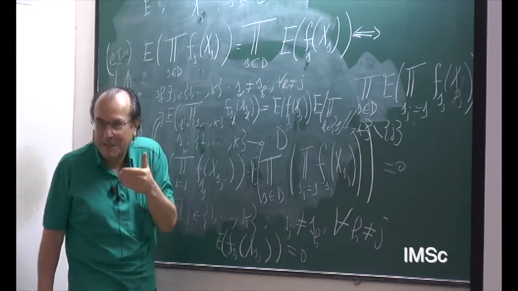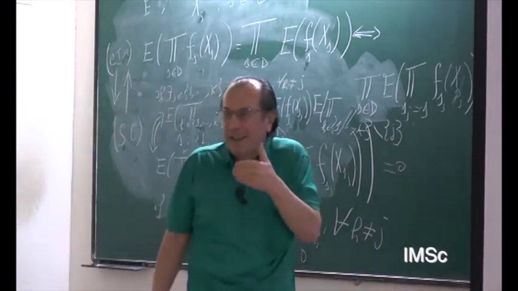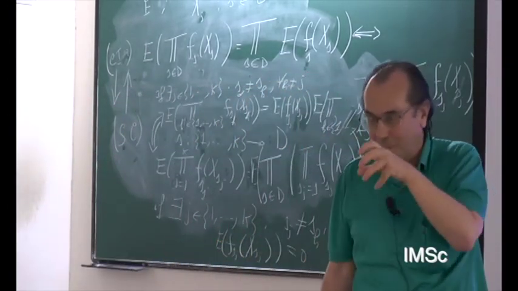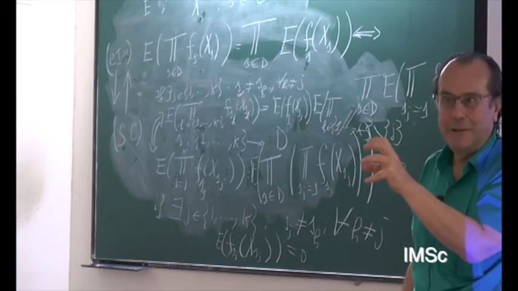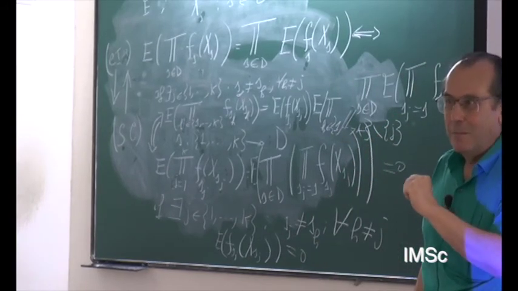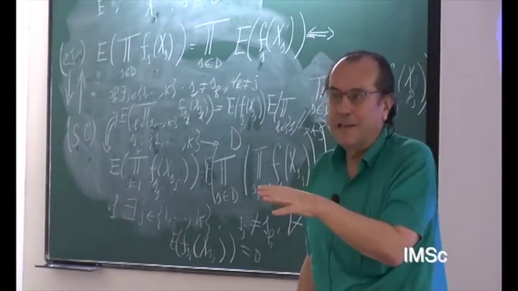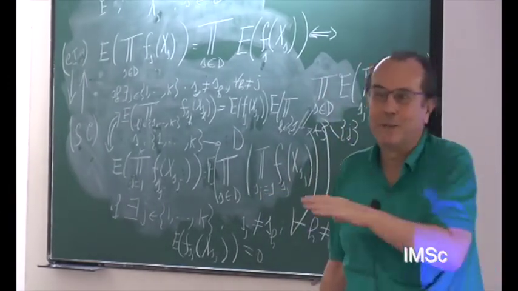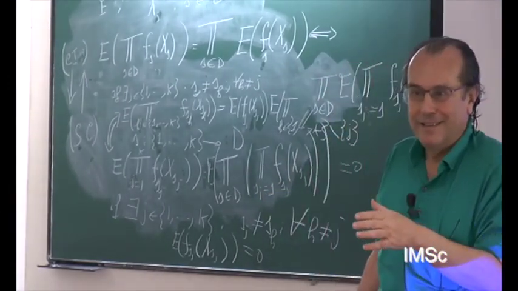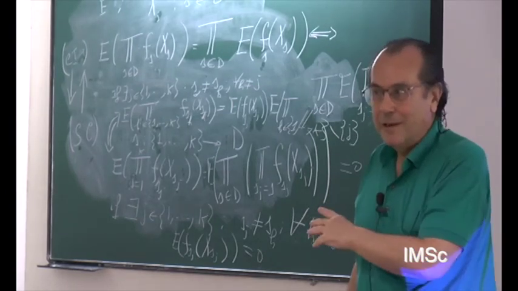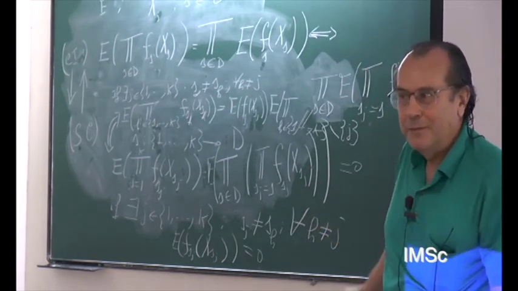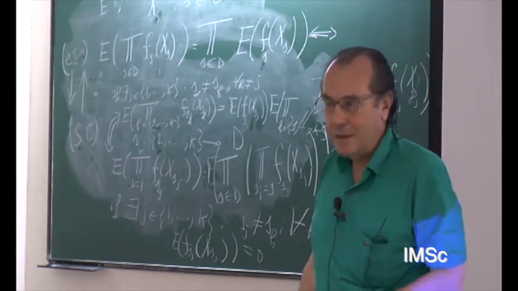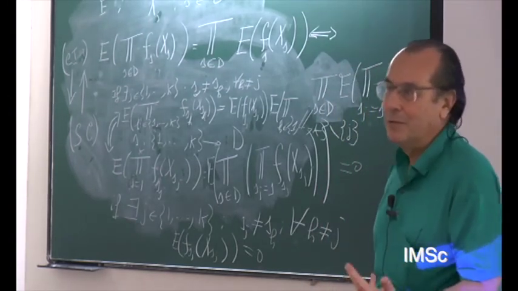Because to subtract the mean means to subtract a number, which is the mean, times the identity function. Okay? But in many cases, like Boolean independence and monotone independence, the algebra has no identity. So you cannot apply this proof. And in fact, there are counterexamples, you will see.